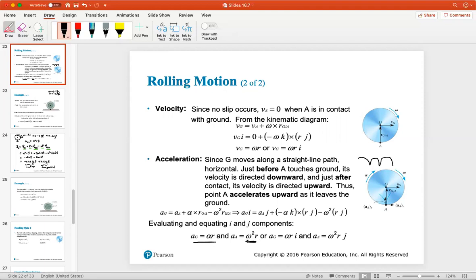So the contact point moves with only centripetal acceleration. Yeah, you just have to do the algebra. I think that's about the best I can do on that one.